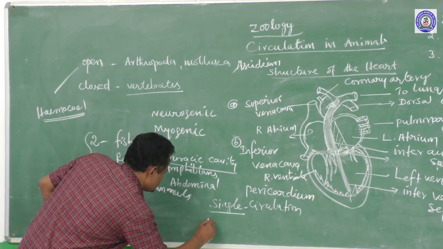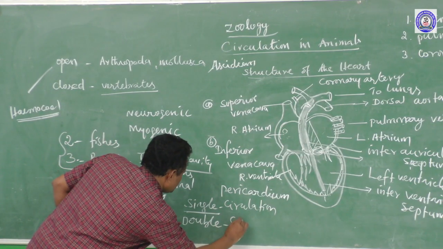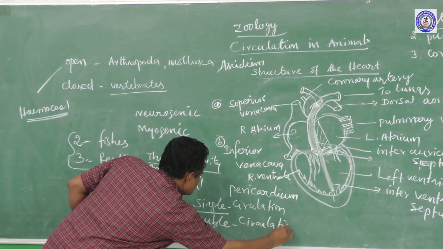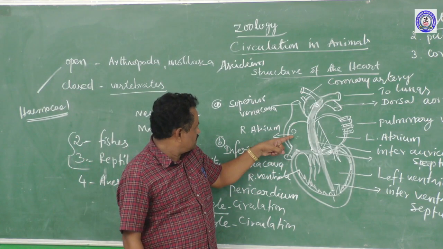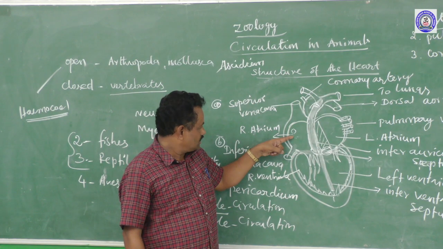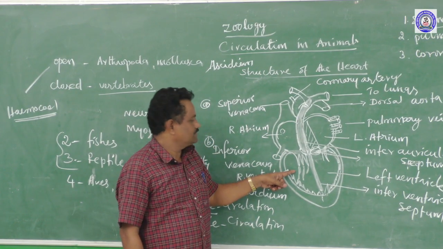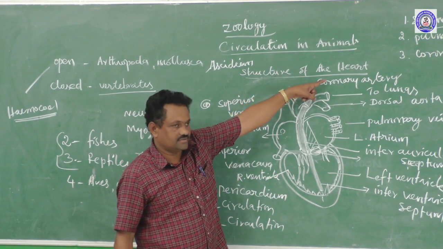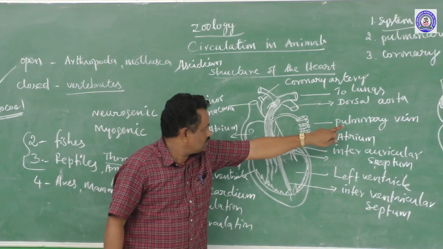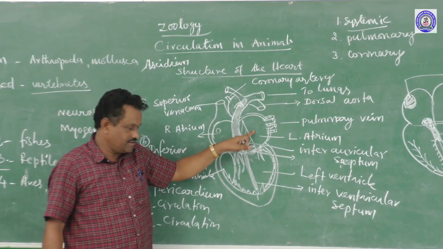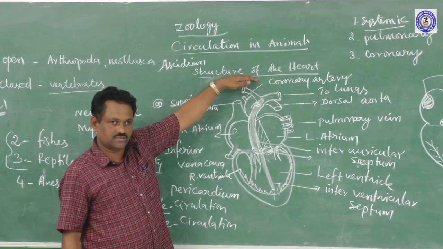But in mammals, it is called double circulation, because deoxygenated blood received in the right atrium and then the right ventricle leaves the heart once for oxygenation, and again through the pulmonary vein reaches the left atrium and then the left ventricle and leaves the heart a second time through the dorsal aorta.